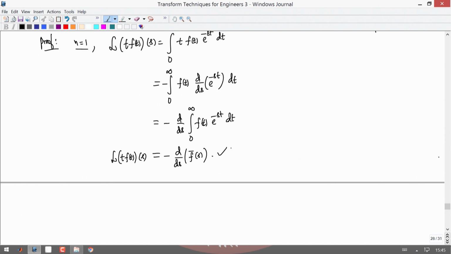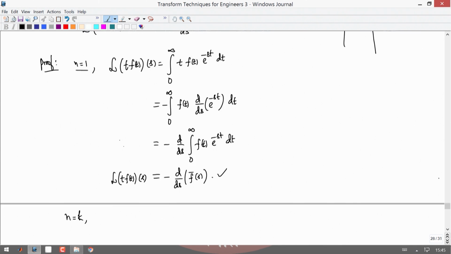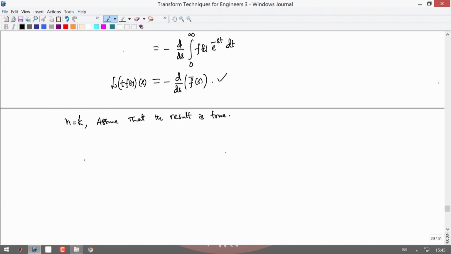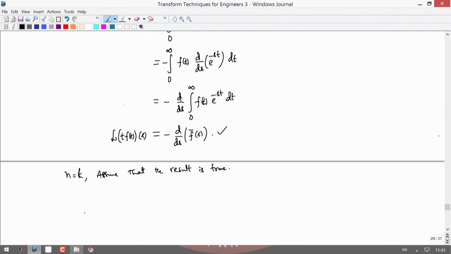Now n equal to k: suppose we assume that this result is true. Then we can show that for n equal to k plus 1, the result will be true. So, how do I do this?